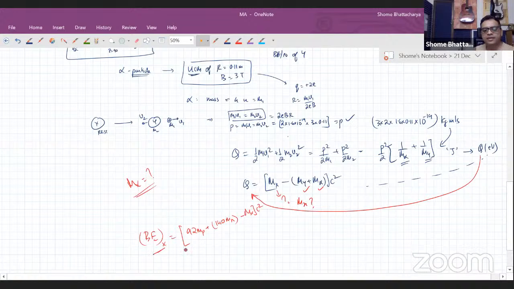So from that we'll know binding energy, and then we'll know binding energy per nucleon as whatever this binding energy of X is divided by number of nucleons. So that is, is this clear now? The process is clear, beta?